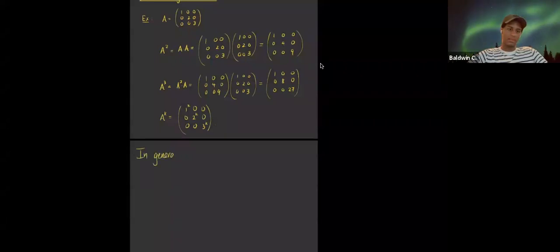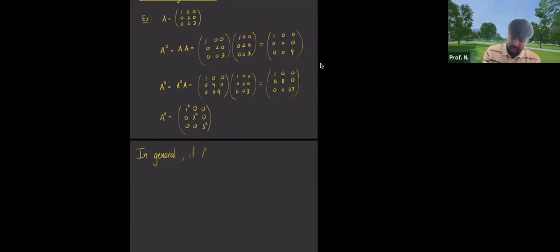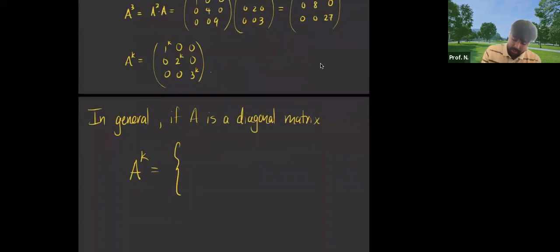So in general, if A is a diagonal matrix, A to the kth power has entries equal to 0 if they're not on the diagonal.